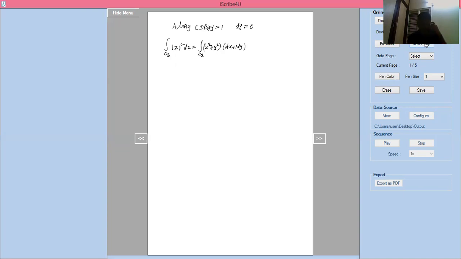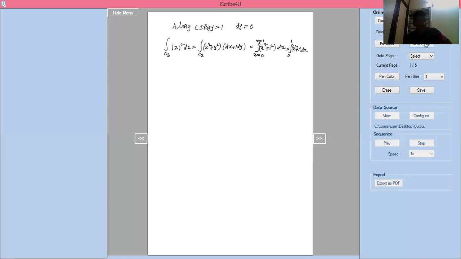Here dy is 0 and y equal to 1, so x square plus 1 square into dx plus i dy, which is 0. The limits are x limits, x equal to 0 to x equal to 1. So you write the integral from 0 to 1 of x square plus 1 into dx.